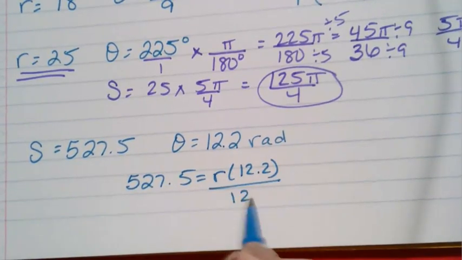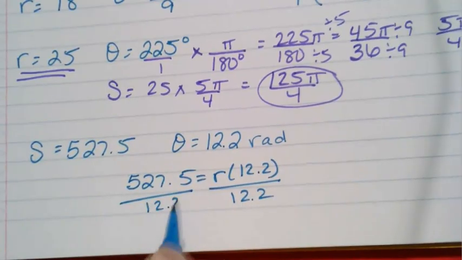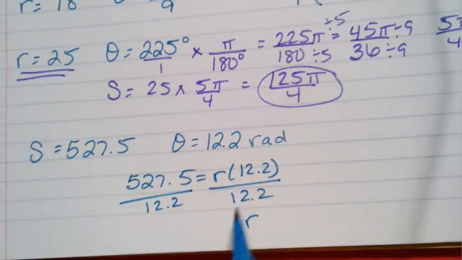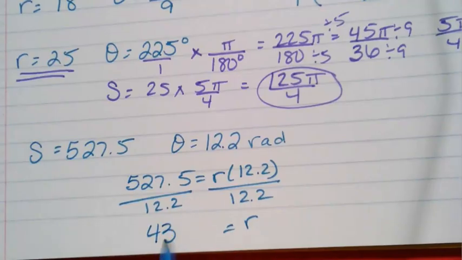We're going to divide by 12.2. And R equals 527.5 divided by 12.2, around 43.2.